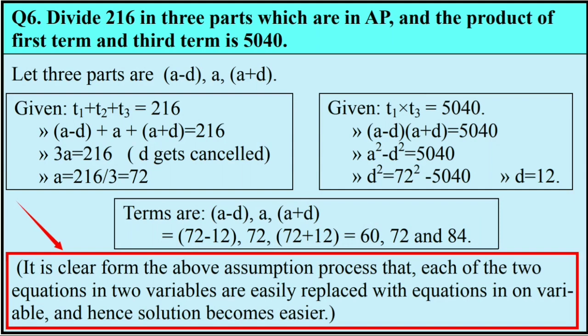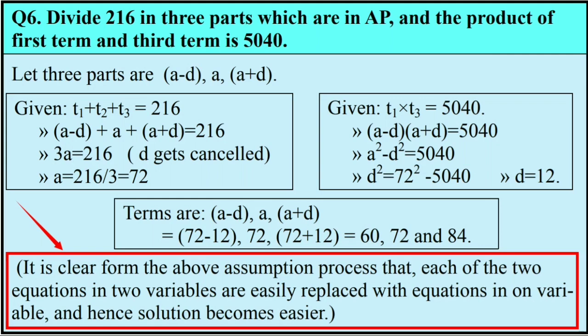Let's observe what the statement given below says. It is clear from the above assumption process that each of the two equations in two variables is easily replaced with an equation in one variable, and hence the solution automatically becomes very easy.